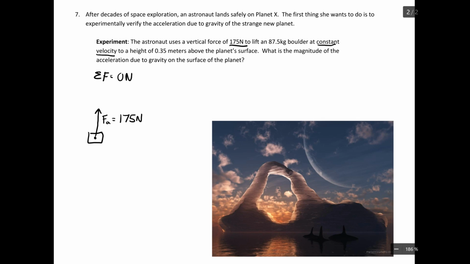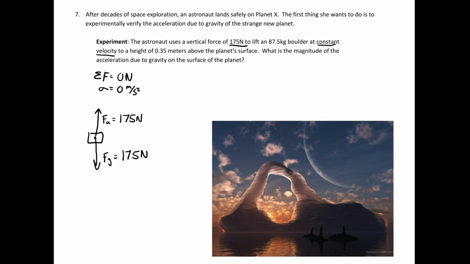Well, if the boulder is moving at constant velocity, that means the net force is 0. It's not accelerating. So since it's not accelerating and the net force is 0, if there's an upward force of 175 newtons, what must the weight of that boulder be? That's right, 175 newtons, acting downward.